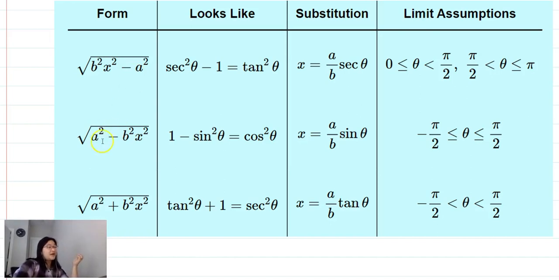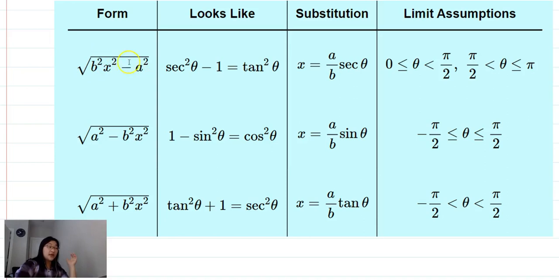And similarly, if you have subtraction, but you have your constant term before you have your x squared, then you need to think, okay, this looks like it's going to be some sort of sine thing. And if you have addition, then you need to think, okay, this is going to be a tangent thing. The general way that I strongly recommend that you do this is just by drawing a triangle and saying, okay, when is this side going to happen in my triangle?